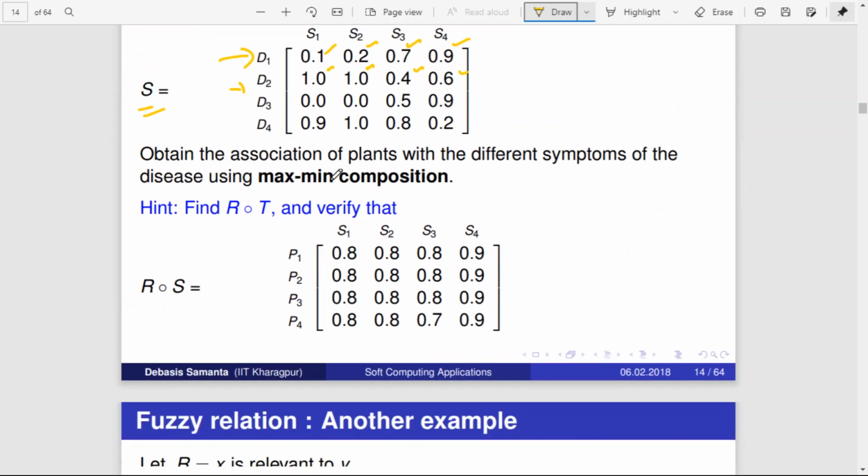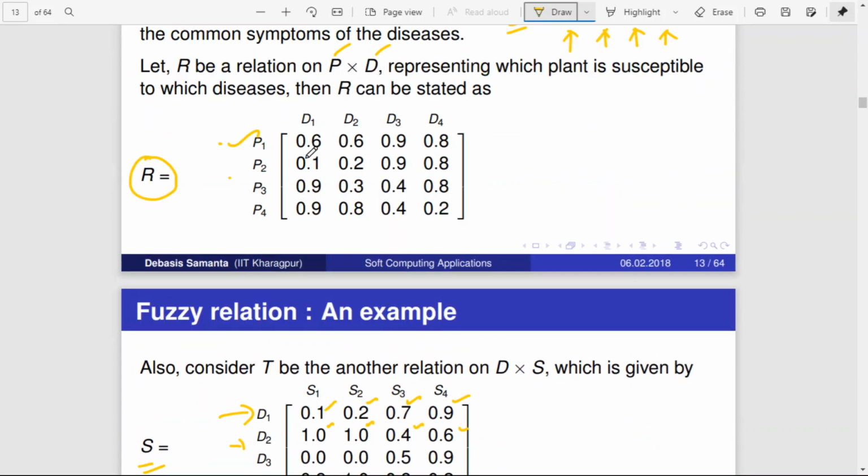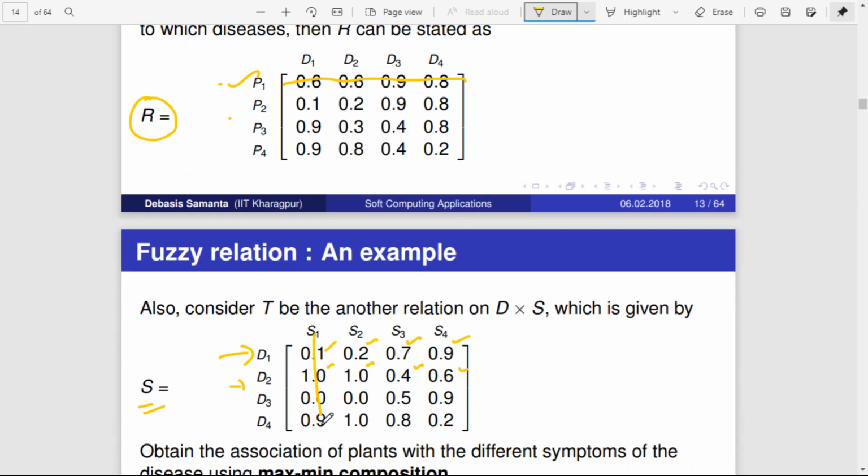Now find R composition S. We can say that T is equal to R composition S. So it is the same logic. You take the first row and do it with the first column. So find the min max.